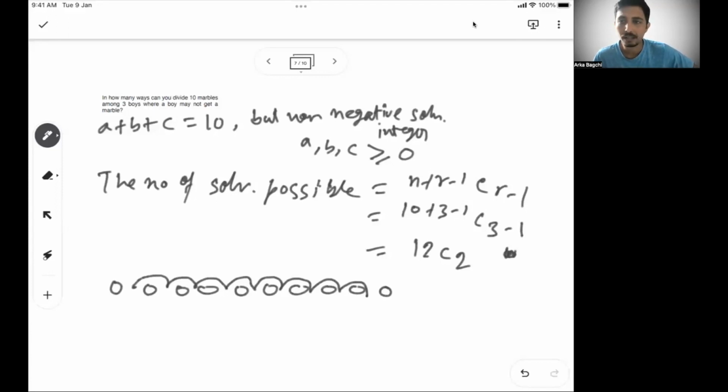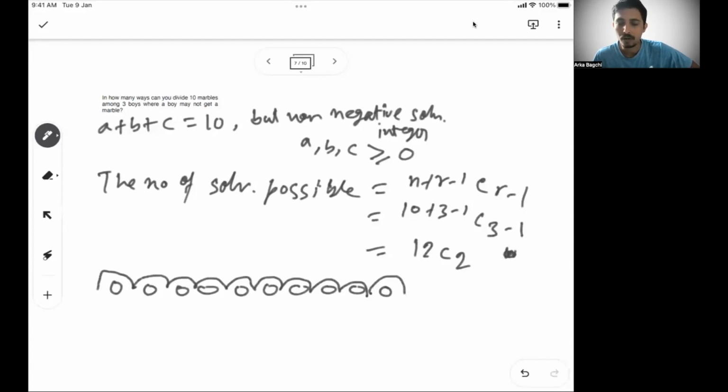Out of that, there is one place outside on one side, and one place outside on the other. So there are total 11 places.